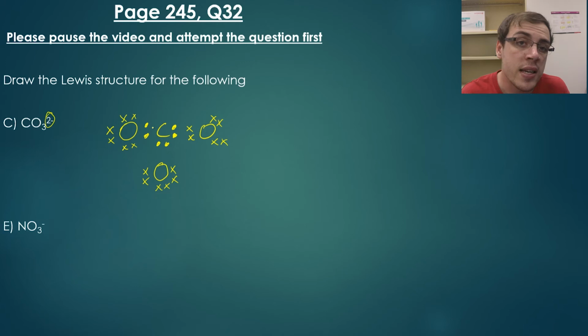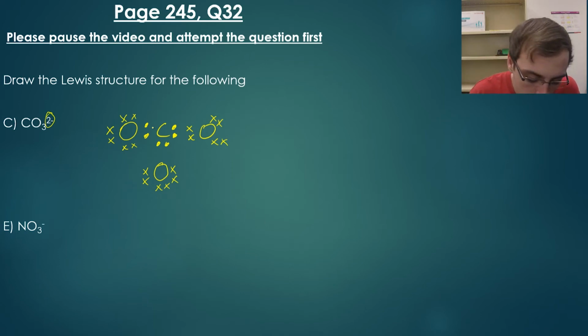But the thing is that oxygen doesn't have to share any of its own electrons between carbon. So this is still a covalent bond because these electrons are being passed from carbon to oxygen, but essentially oxygen still retains all 6 of its electrons. It doesn't share them.